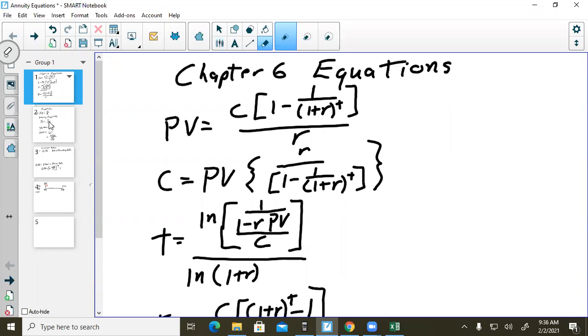Okay, James, what were you going to say? Same thing. Ordinary annuities are due at the end of the period. Annuity due is at the beginning of the period. Exactly. So for an ordinary annuity, the payment occurs at the end of the period, which is our assumption of when all payments occur unless we're told otherwise. For an annuity due, the payment occurs at the beginning of the period. All right. Everybody good with that?